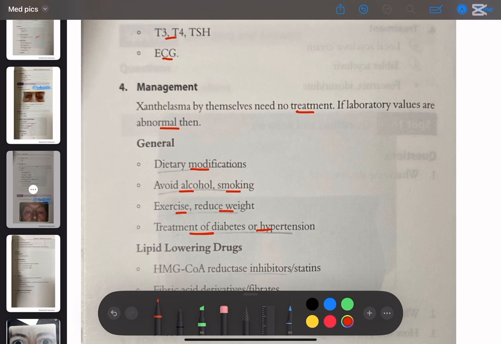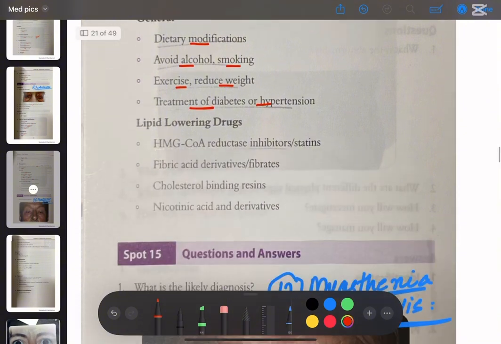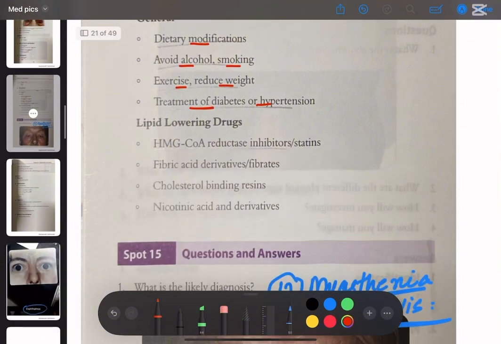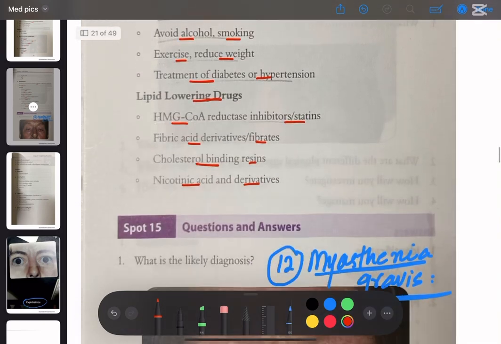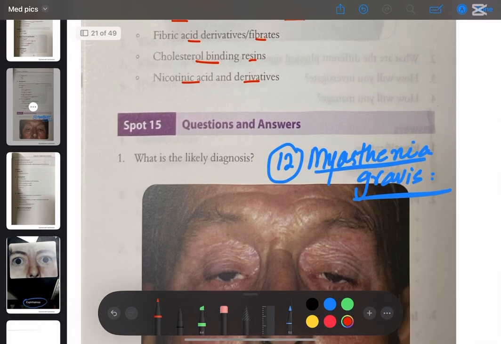Lipid-lowering drugs are HMG-CoA reductase inhibitors (statins), fibric acid derivatives (fibrates), cholesterol-binding resins and nicotinic acid and derivatives. These are used in case of xanthelasma.